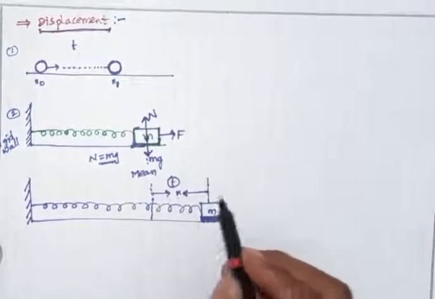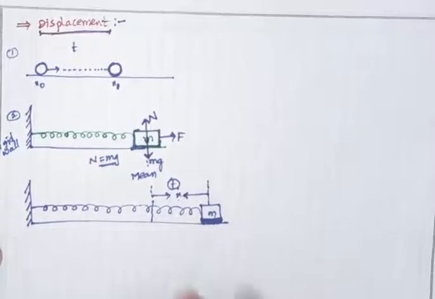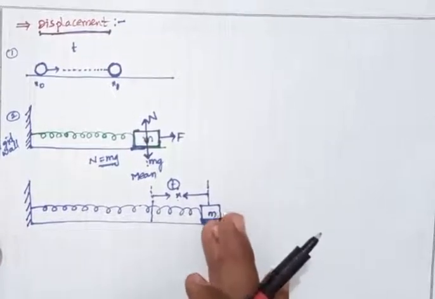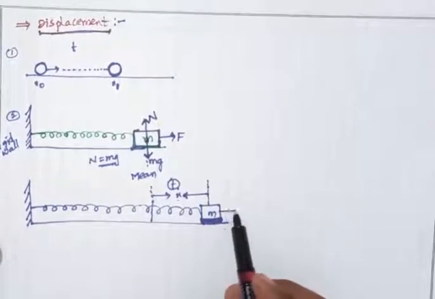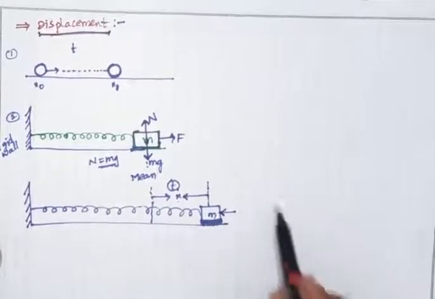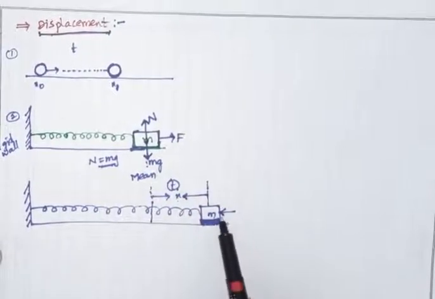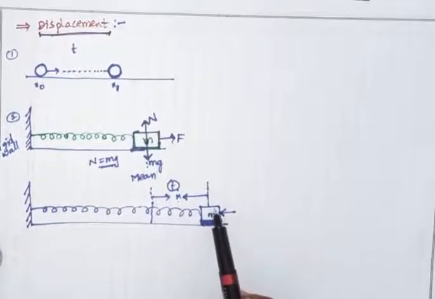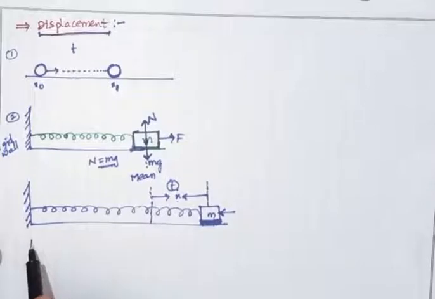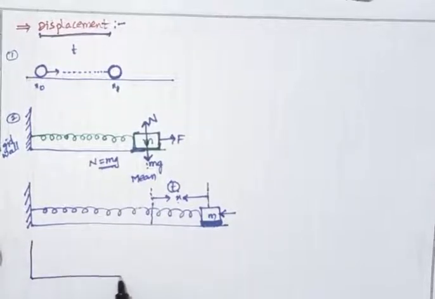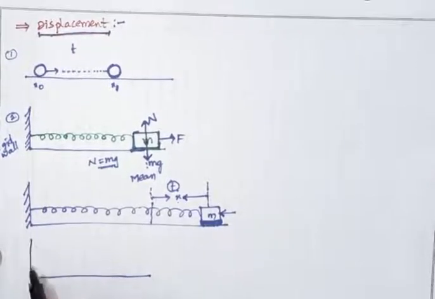After a certain time, the restoring force is applied on the spring, so on the body. So it is a contraction. The size of the spring decreases.